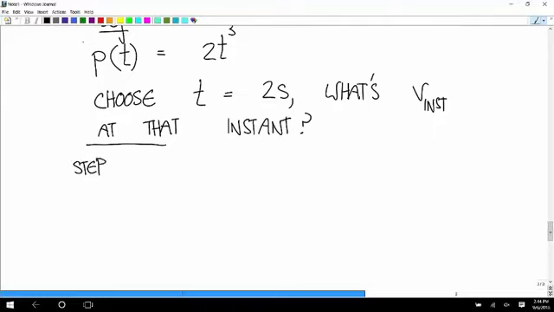So step 1: to calculate the instantaneous velocity, we're going to choose 2 times, one that's a little less than that and one that's a little more than that, and we're going to calculate the average velocity. So my t1 that's a little less than our desired point is going to be 1, and our t2 that's a little more is going to be 3.